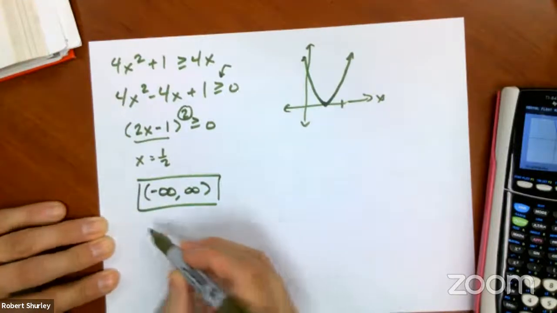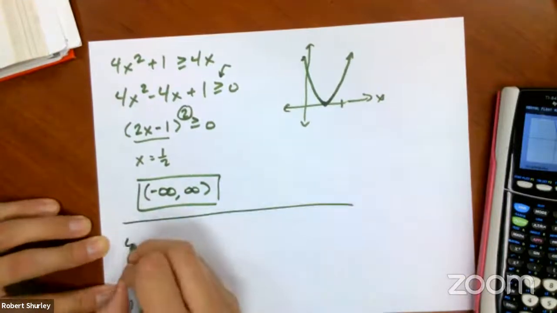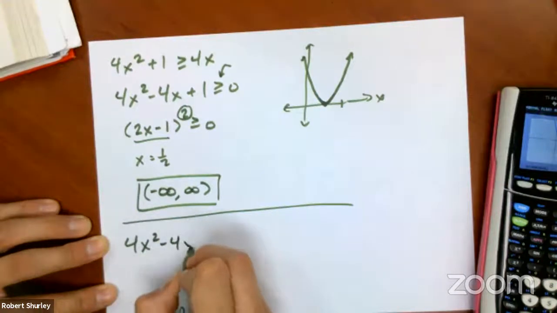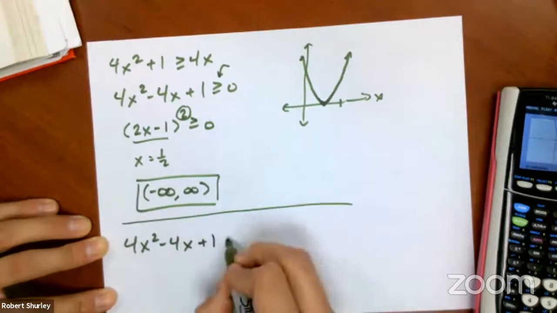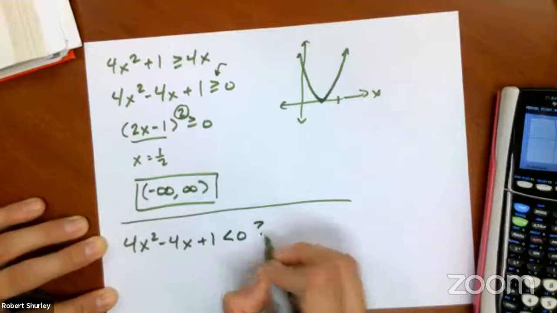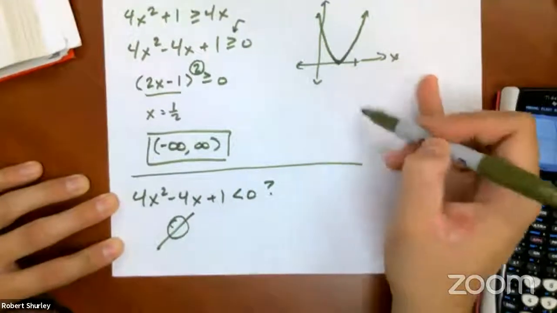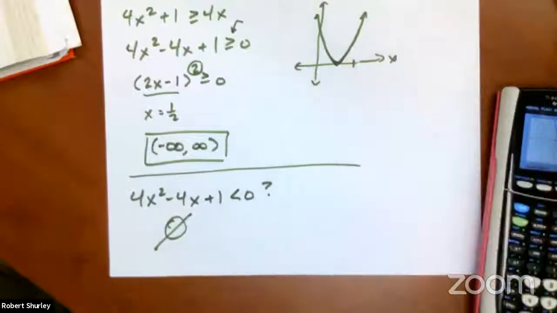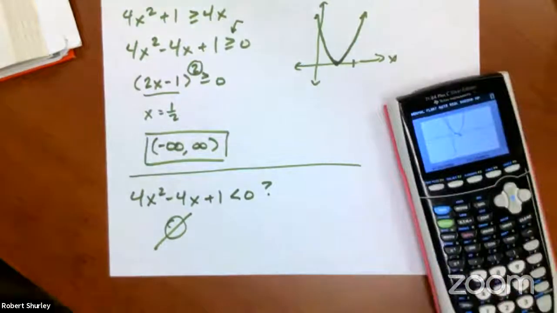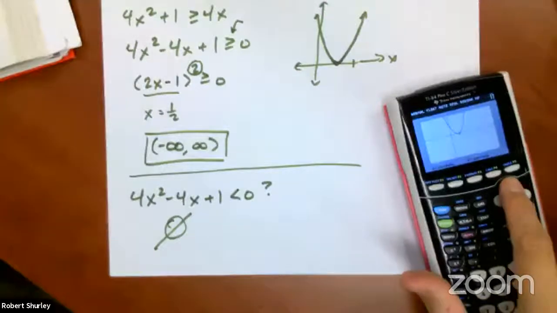right? Look, if it would have asked 4x squared minus 4x plus 1, where is it less than 0? You would have said no solution because it's never less than 0. It's always greater than or equal to 0 because it never dips below the axis. Kind of cool.